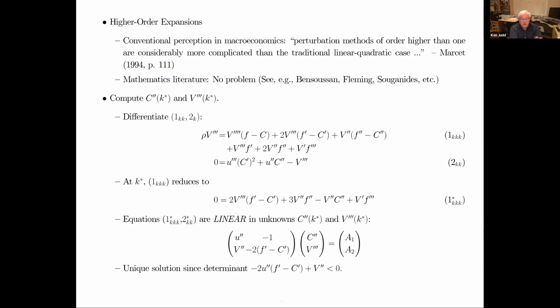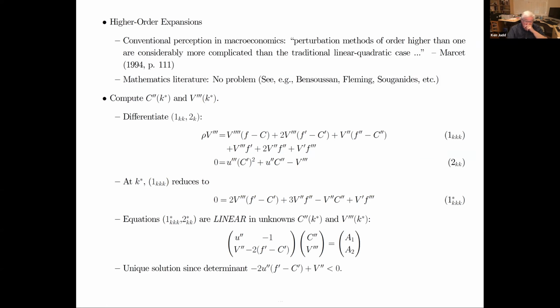My comments were published in the proceedings of the World Congress in 1990, and I basically said that Marcet was wrong on many matters, in particular this one.